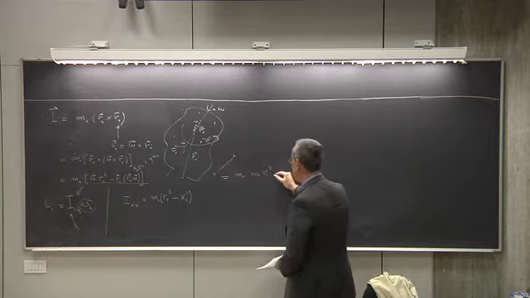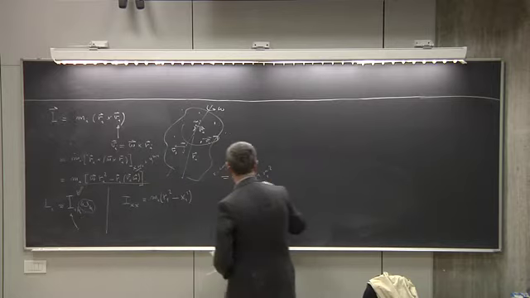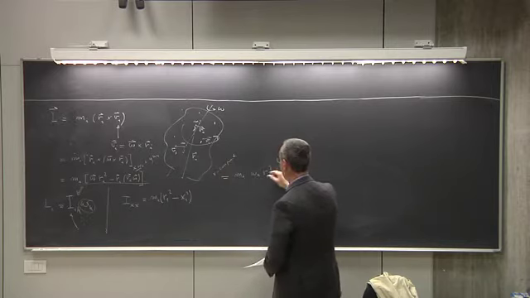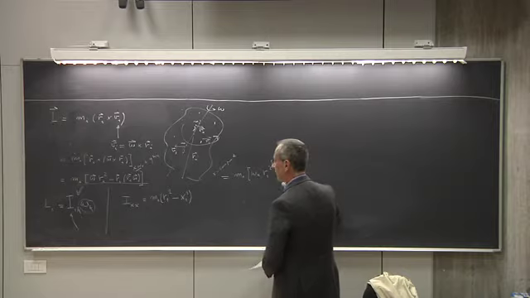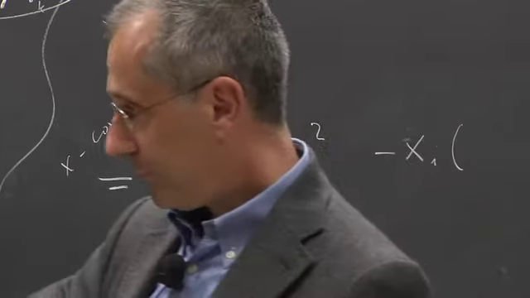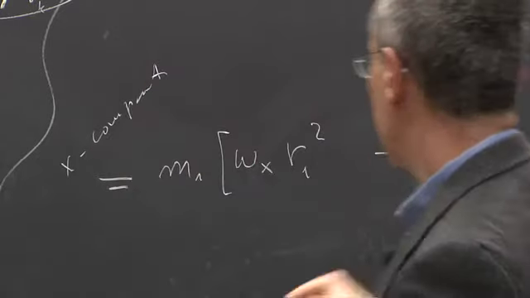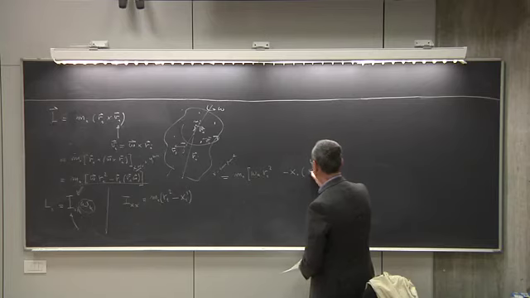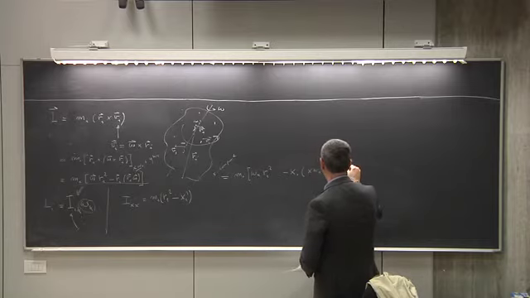What is then here? I have a more complicated object, right? I have minus r_i vector, so I take the x component of that. So this is x_i, okay? Then I have a scalar product. So there I have x omega x plus y omega y plus z omega z, okay?